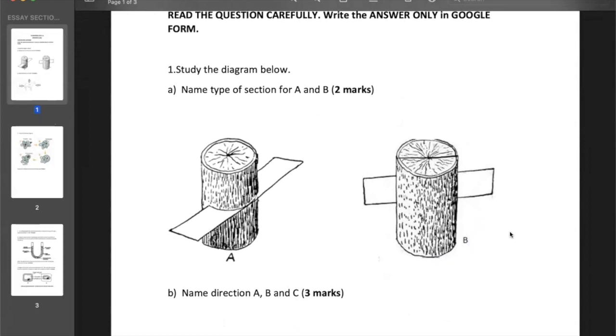Okay, A yang ni. Okay, for this one is cross section. Cross section ni kat sini daripada tepi kiri ke kanan. Okay, cross section is from side to side. Kalau B jawapan dia adalah longitudinal section.